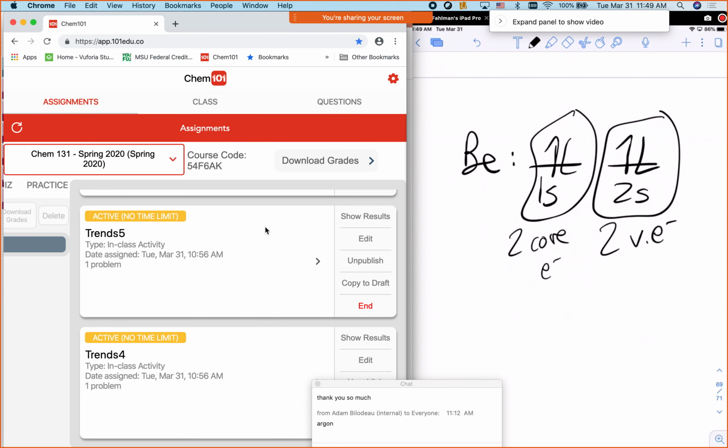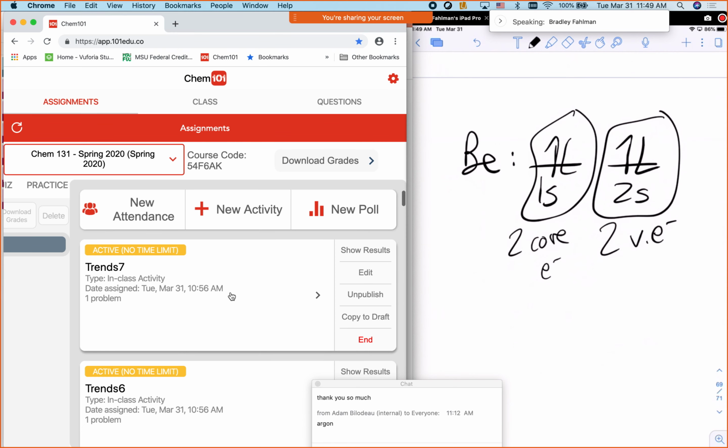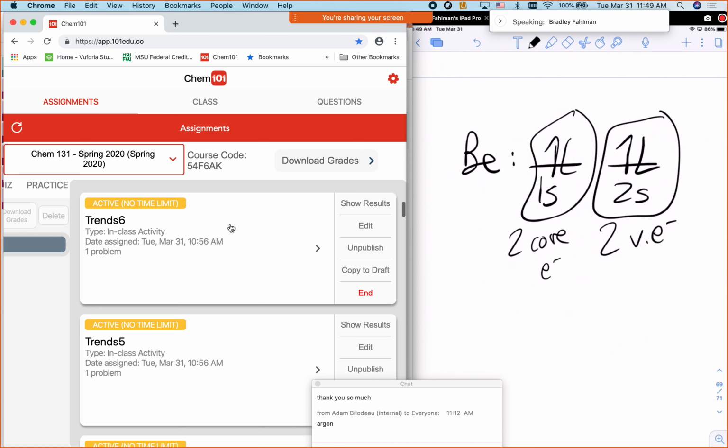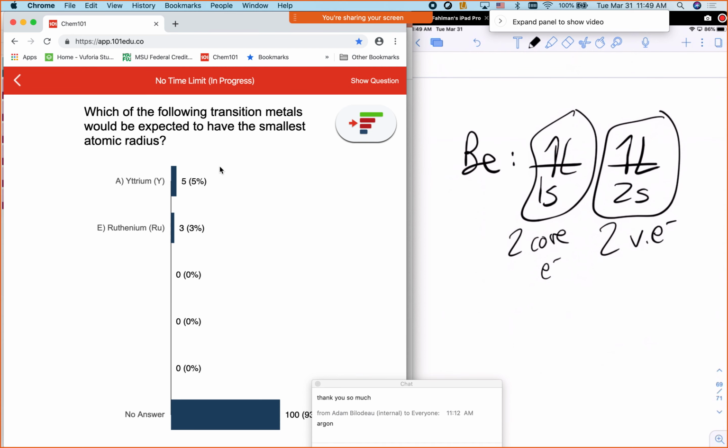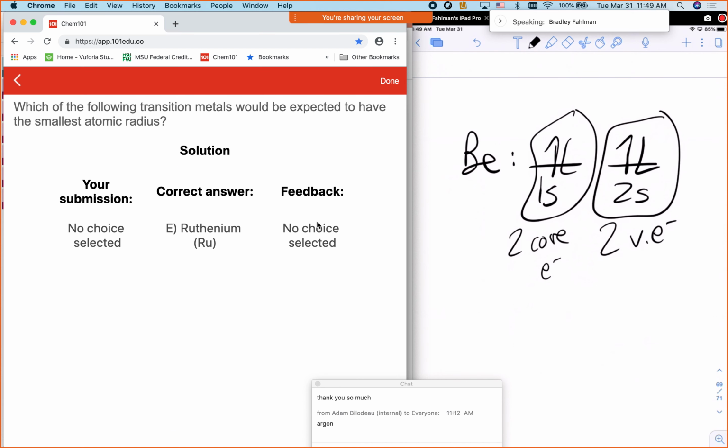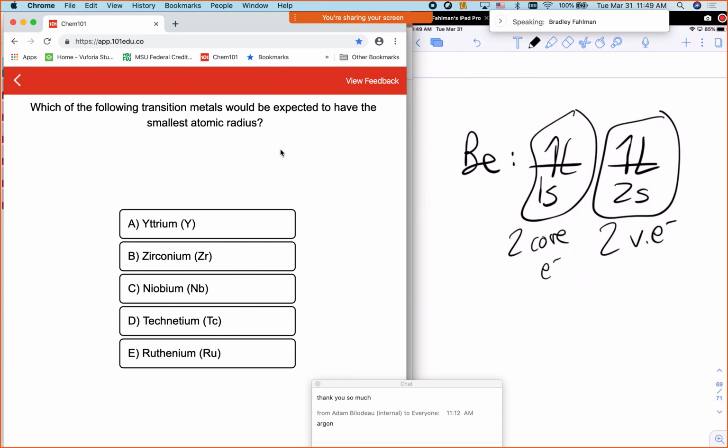All right, trends 5. Which of the following transition metals would be expected to have the smallest atomic radius? Okay, you didn't see the answer.